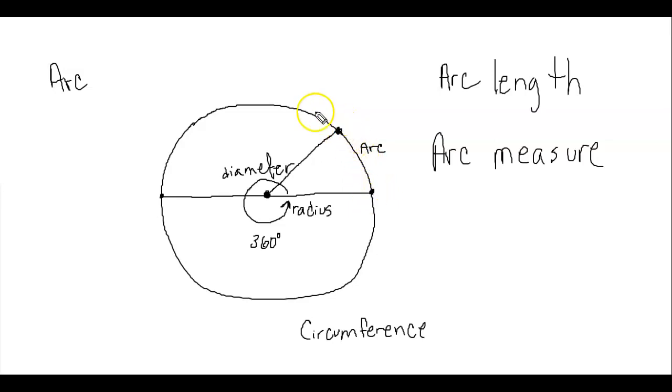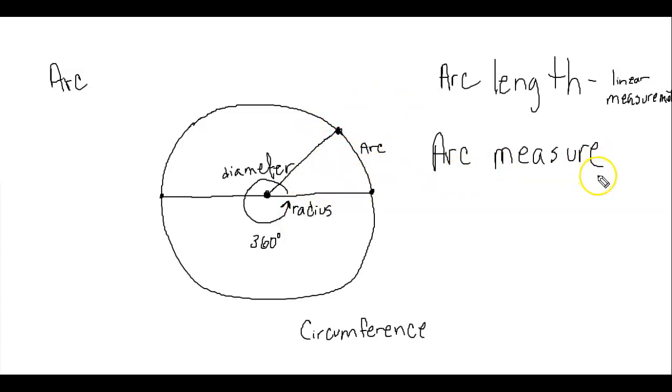So think about if you had string going all the way around the circle and you just cut that little piece of the string out and then stretched it out straight and measured that piece of the string. This is the arc length. So it's a linear measurement. Something like centimeters or inches or meters or miles, something along those lines.